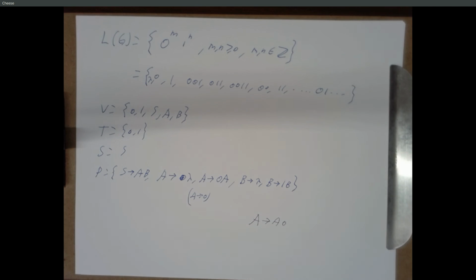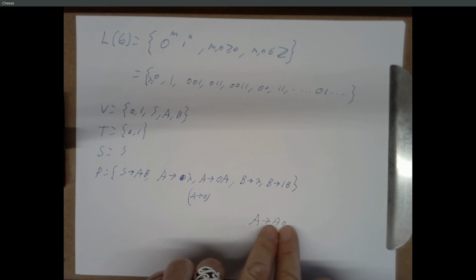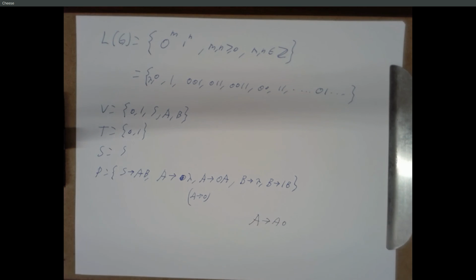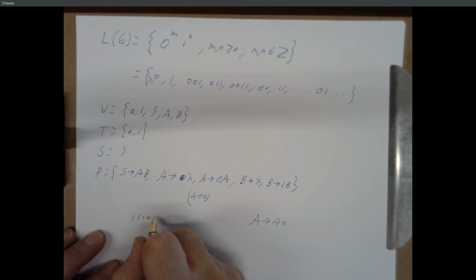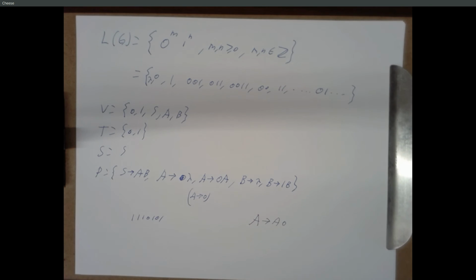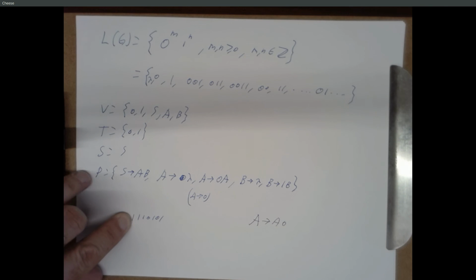And my string is getting shorter when I do that. If I say A could go to an A0, and I want to know is this part of my language? Well, S could go to an A followed by a B. Okay, could this string starting right here be an A? Well, it could be if the string starting right here is an A.